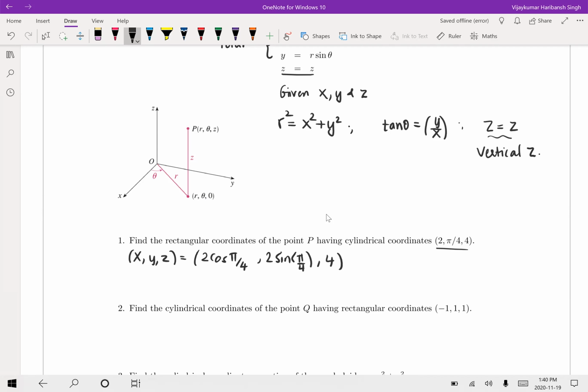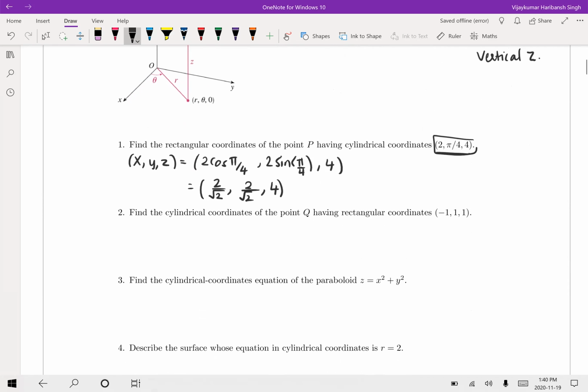Sorry, this is from cylindrical coordinates to Cartesian coordinates, x, y, z. You can simplify this to get root 2, root 2, and 4.